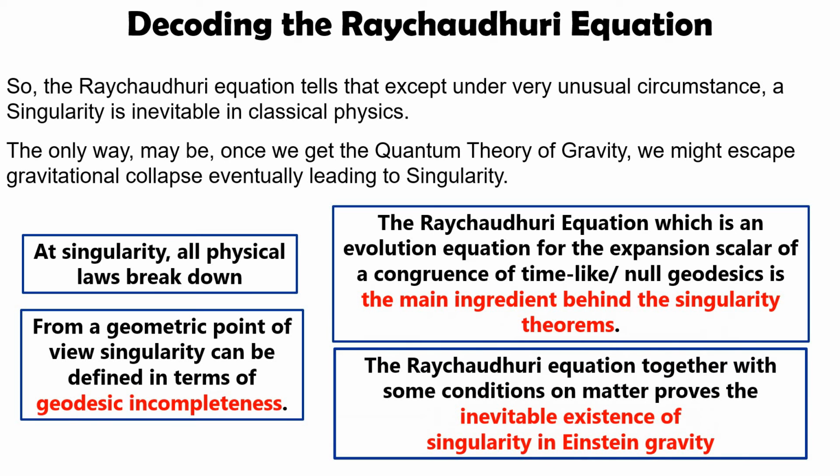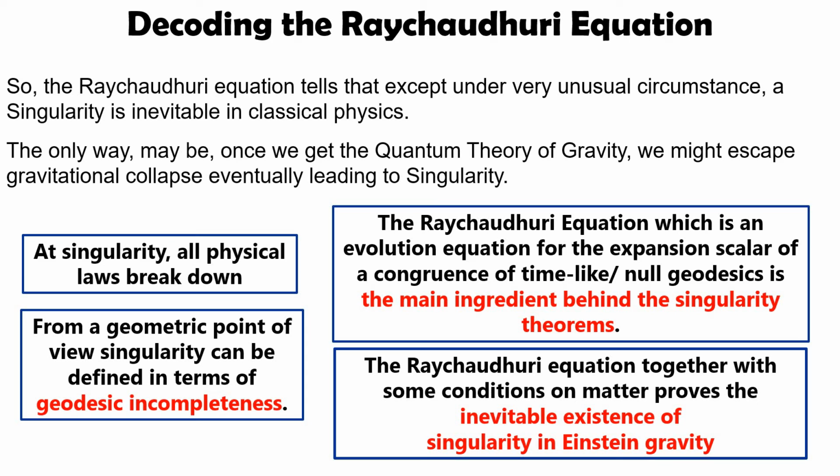And the Raychaudhuri equation, together with some condition on matter, proves the inevitable existence of singularity in Einstein's gravity. That means the Raychaudhuri equation is holding the main key of singularity theorems, which lead to the collapse. And if you put a little bit of matter inside, which is this rho sign, it would prove that it is inevitable. It is doomed to go for singularity in Einstein's gravity.